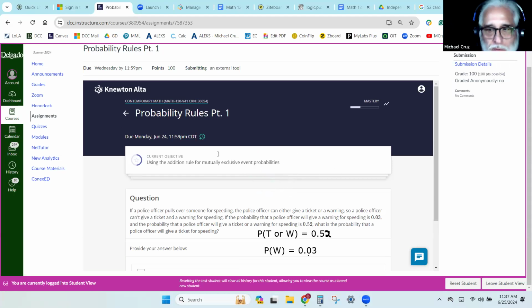So again, this is what the formula is. They're mutually exclusive. They tell us right up there that they can't give a warning and a ticket at the same time.